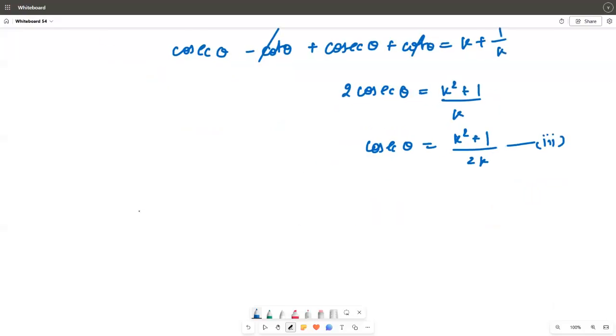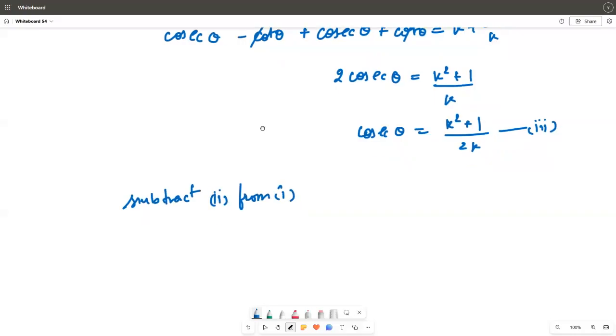And to find cot theta, let's subtract the second equation from the first equation.